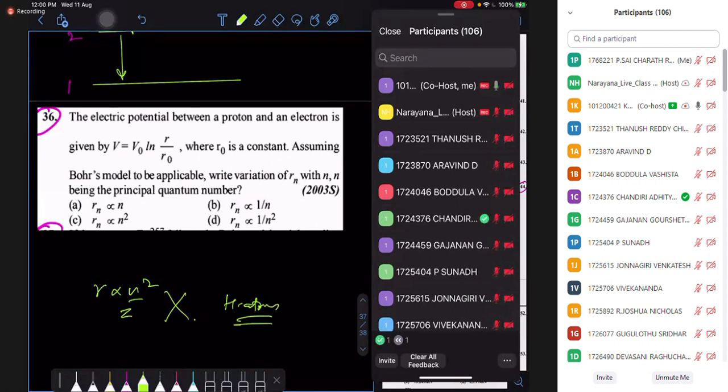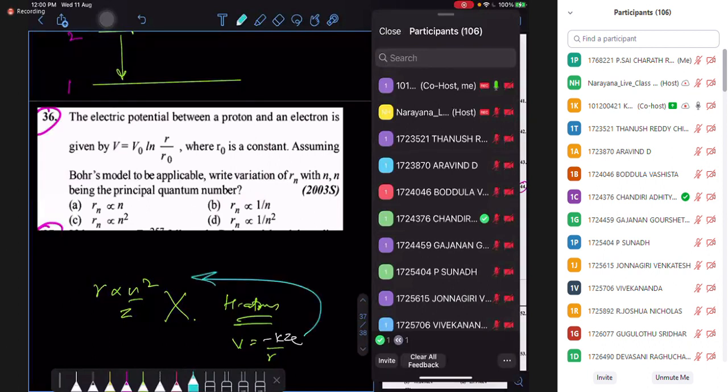In hydrogen atoms, we have the formula KQ by R. Potential formula is KQ by R, right? Q is our minus KZE by R. So if my potential is just like a point particle, minus KE by R, then this is applicable. But here, the potential is something different.